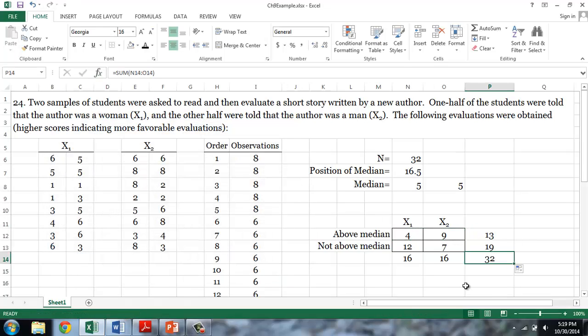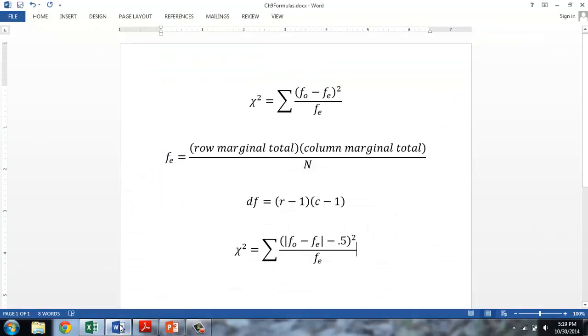So, of the 32 total cases, which are divided equally between each of the 2 groups, there are 13 observations or evaluations that are above the median and 19 observations that are at or below the median. So now we're ready to perform a chi-square test. Here's the formula for chi-square.